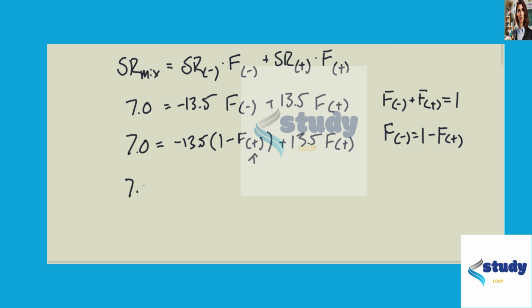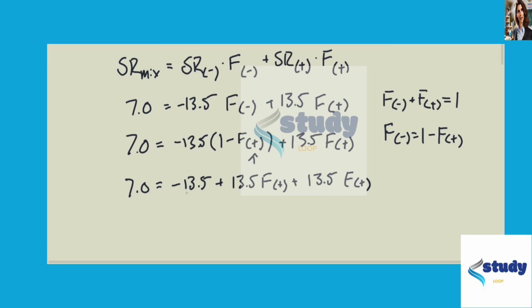So we get 7.0. We're going to distribute this negative 13.5 to get negative 13.5. And then the minuses will cancel out to give us plus 13.5 F plus, another 13.5 F plus.